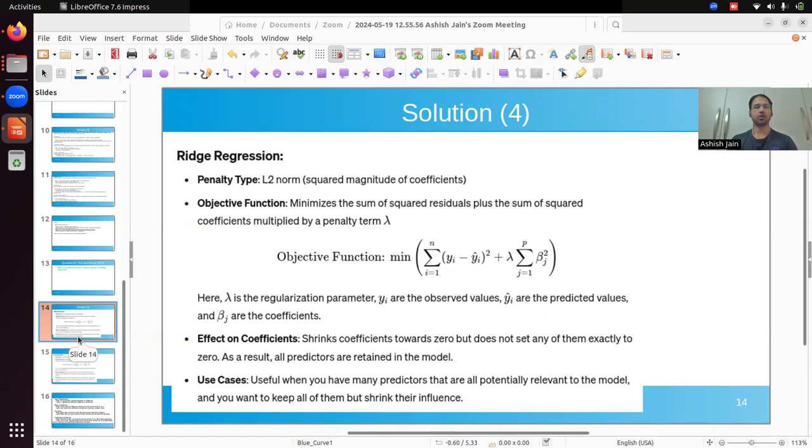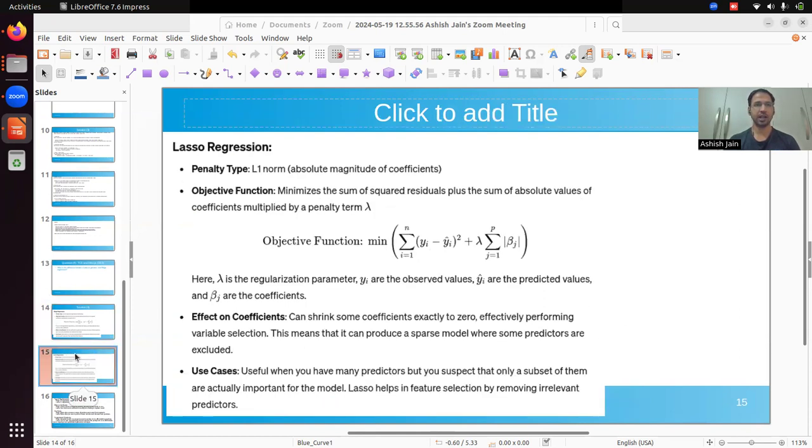They become close to 0 if they are not contributing significantly in the linear relationship. But in lasso, you can shrink some coefficients to exactly 0, effectively performing variable selection. This means that it can produce a sparse model where some predictors are excluded.